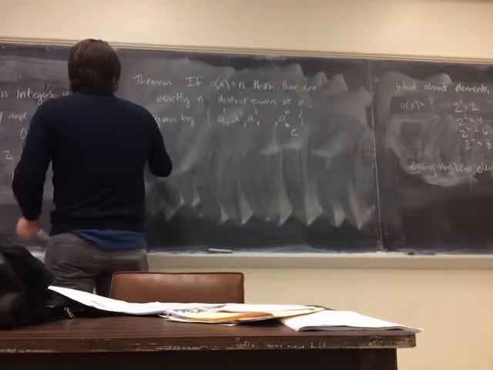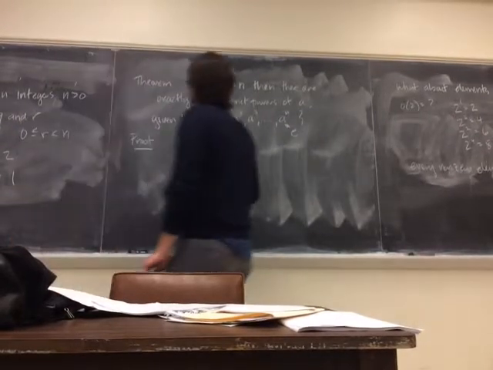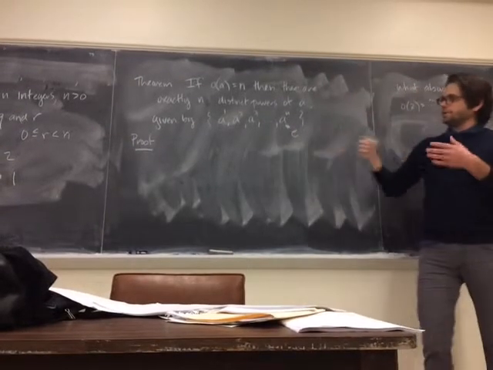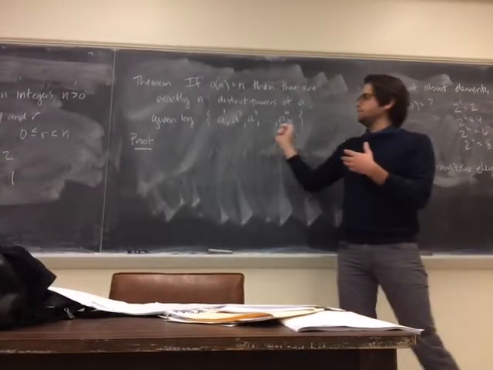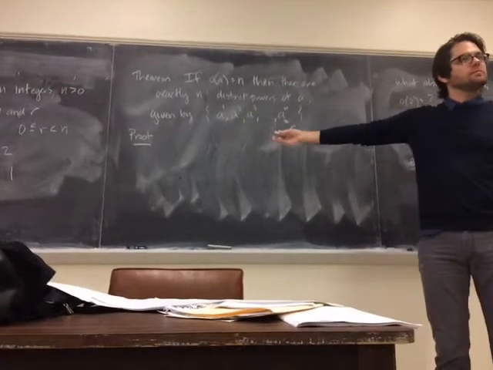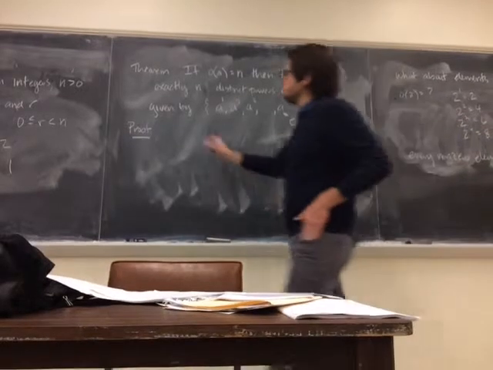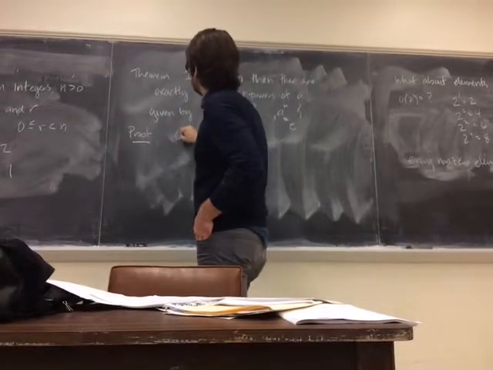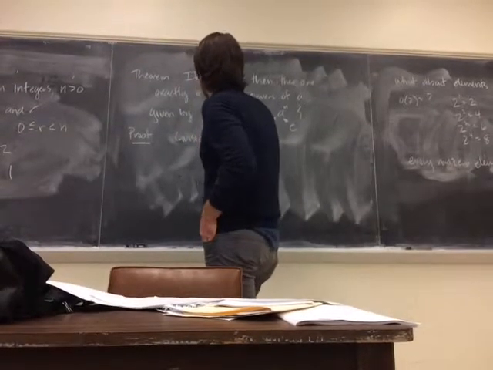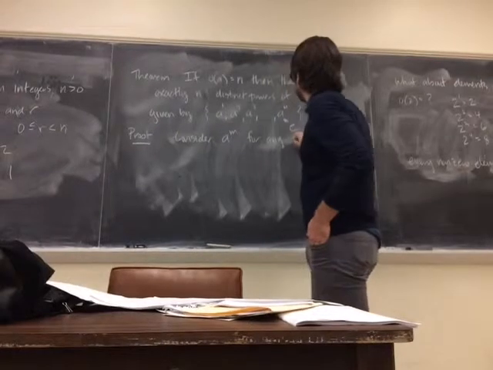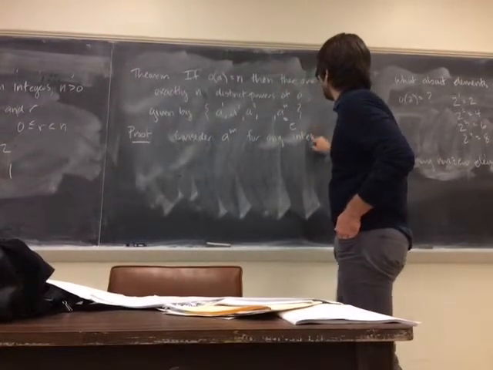Okay, so proof. I have to prove two things here. I'm saying that there are exactly n powers and there are no others. There are n powers given by these, and every other power is one of these. So suppose you give me, let's consider just a to the m for any integer m.